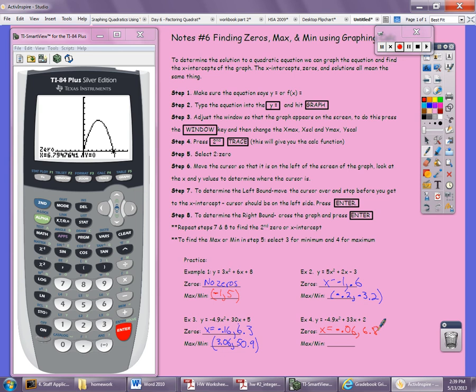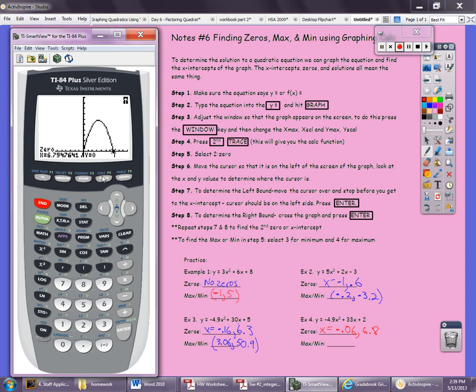To find the maximum and the minimum, we can do second trace, maximum. We want left bound, so I'm going to move my cursor to the left side of my maximum. I went a little too far. So I'm on the left side. Here's the maximum.